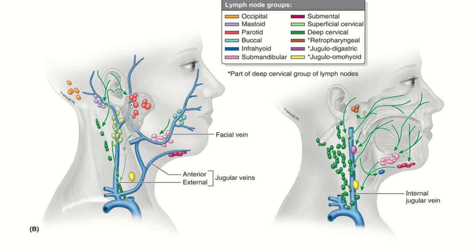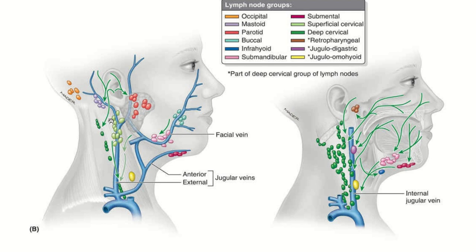So, summary: anterior portion of the ear, parotid lymph nodes. Posterior portion of the external ear, mastoid lymph nodes and superficial cervical lymph nodes. So that's everything you have to understand about your auricle.